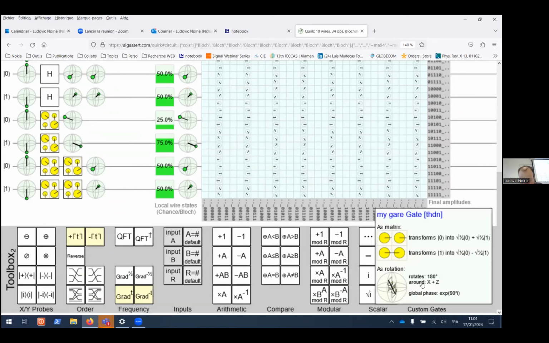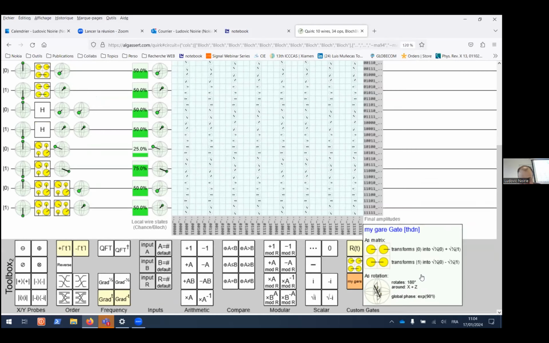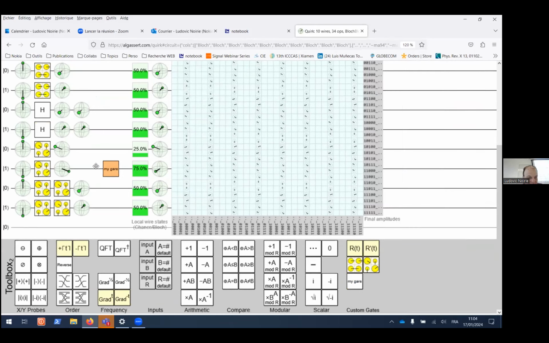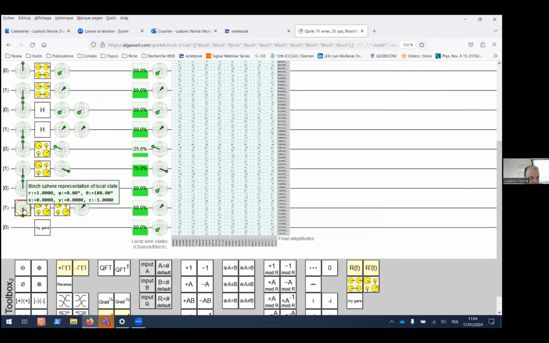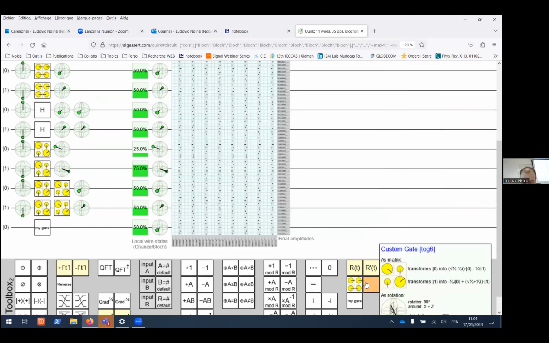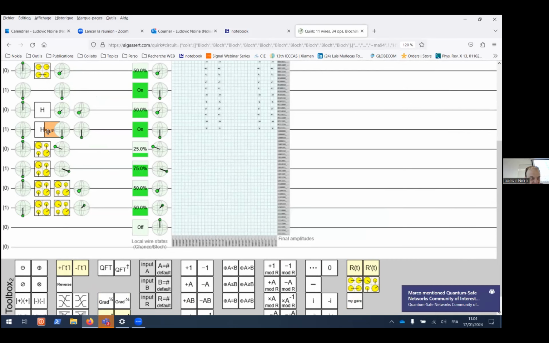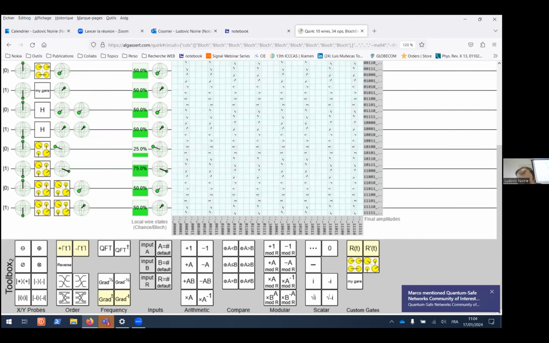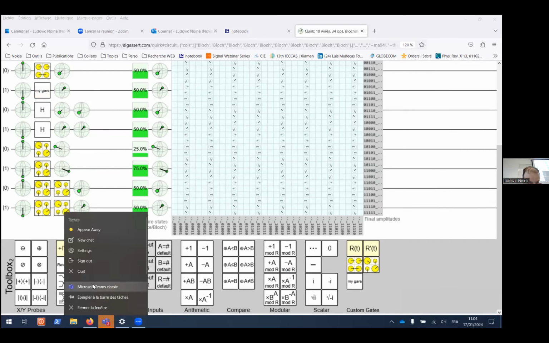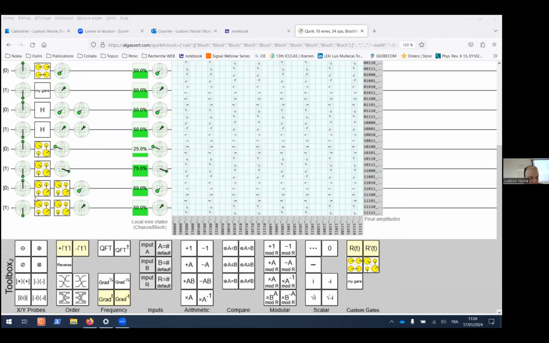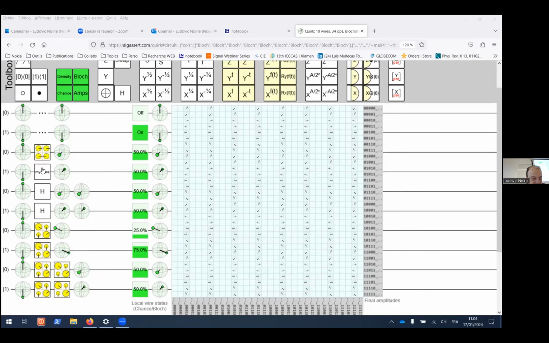Just do the same, because it is equivalent to this one. If I replace this by this, then I will stop something. Okay, it does exactly the same as this one.